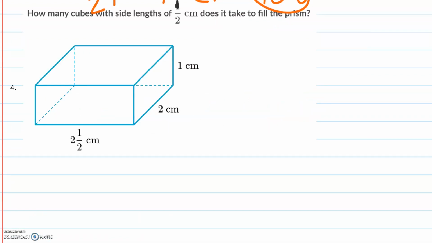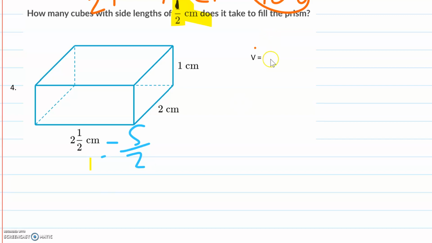Okay, and then this last problem is asking how many cubes with side lengths of 1/2 a centimeter would it take to fill this prism, and it gives us our side lengths for the prism. So again, the first thing I'm going to want to do here is find the volume of the rectangular prism. So 2 1/2 is actually the same thing as 5/2.